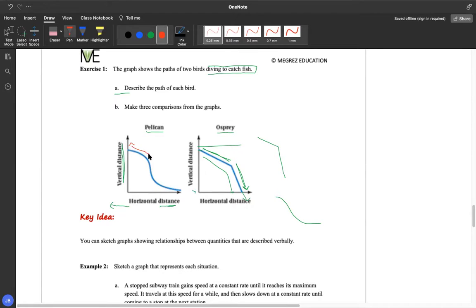Then it hits a point and it has to go straight down. It drops vertically from here to here, but horizontally, it doesn't really move much. It's going straight down. Then it hits this part, and then it basically just goes all the way to the right. So that's how we know it goes straight down.